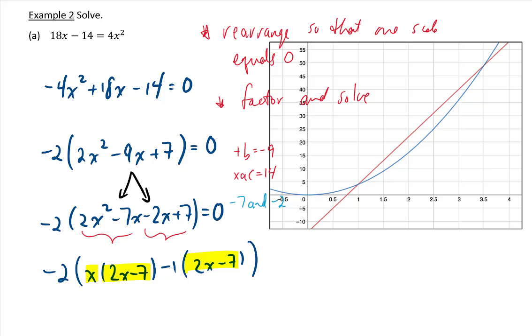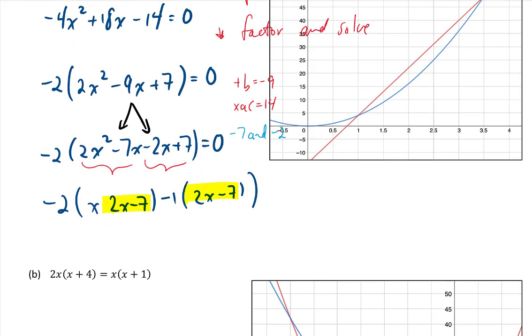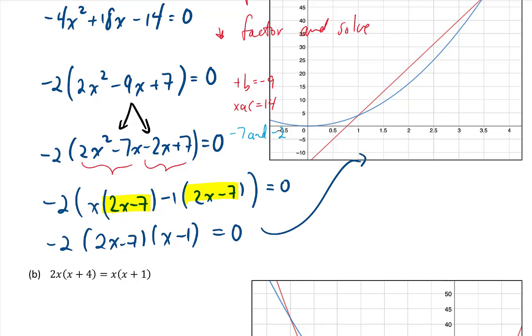Notice these match up, and therefore we end up with negative 2, 2x minus 7, x minus 1 equals 0. So continuing here, let's just rewrite it. This is negative 2, 2x minus 7, x minus 1 equals 0.